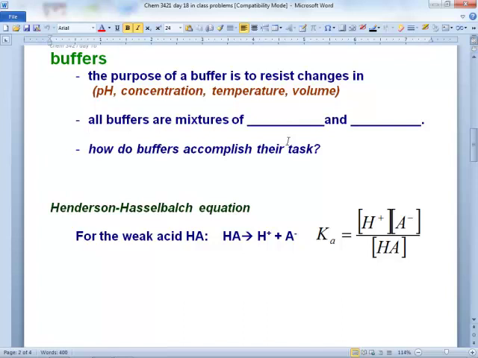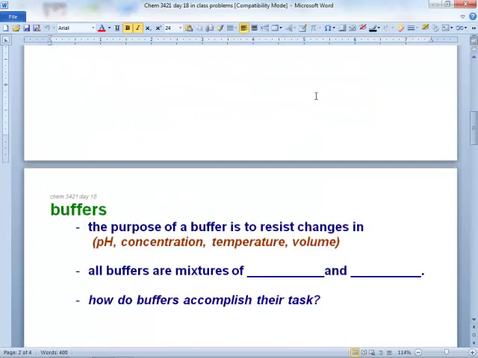Well, they're mixtures of acids and bases. But technical term, they're a mixture of. No, say what you just said. Conjugate acid and a conjugate base. Conjugate acid and a conjugate base.